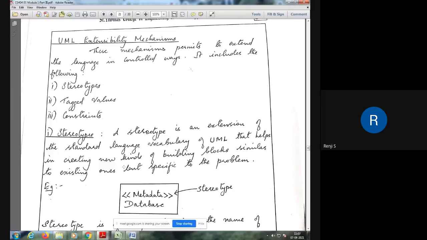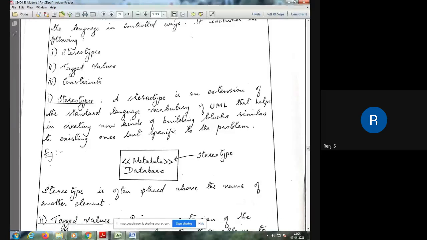For example, this represents a rectangle with a name inside. It represents a class named database. But if I want to add my own definition to this class, I can use the stereotype mechanism. A stereotype is written using double angle brackets, and inside the angle brackets I can define what this represents.